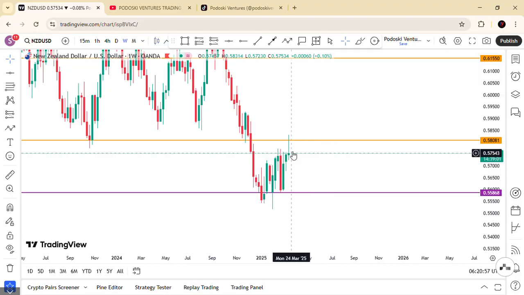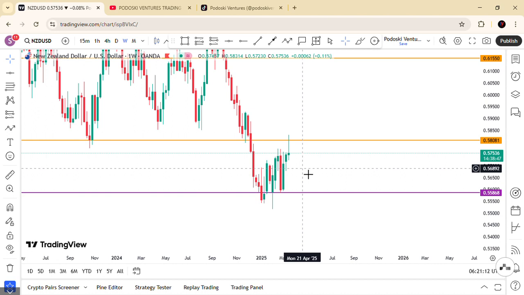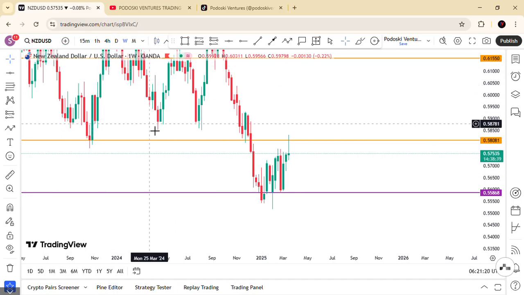So if this week's candle, which closes in about 14 hours 30 minutes, also closes like this or a pin bar, then NZDUSD starting next week will drop massively. So let's go to the lower time frames and try and pick an entry.